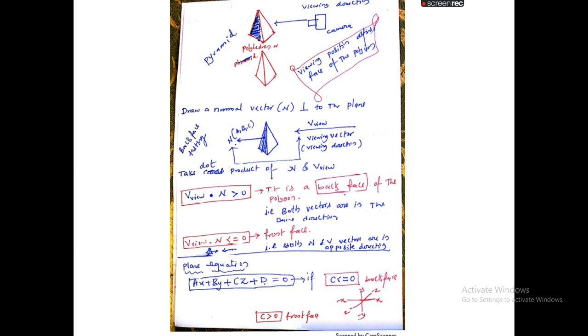Whichever surfaces are near to the observer or near to the projection plane, definitely those pixels' depth values will be smaller than the other surfaces which are far from the projection plane.